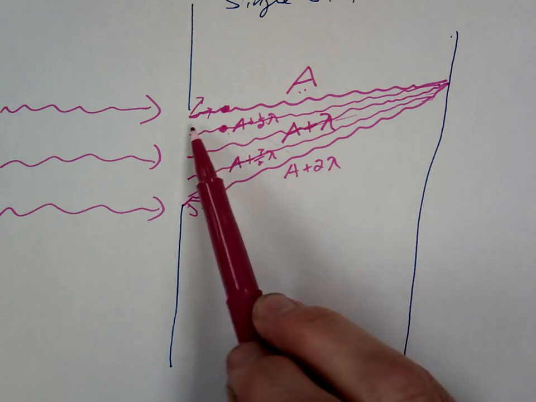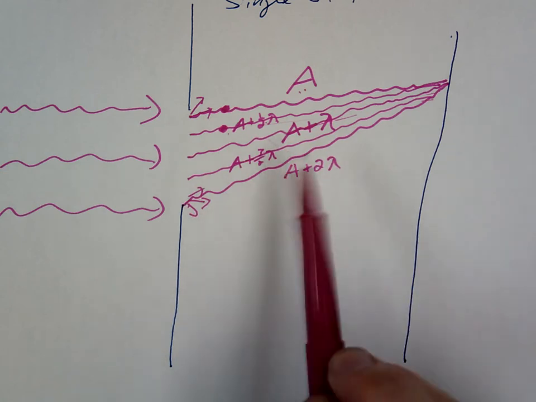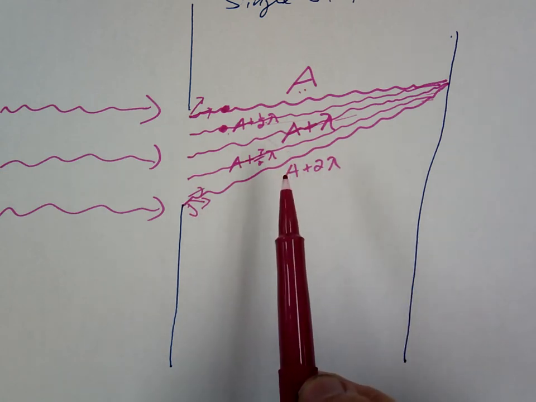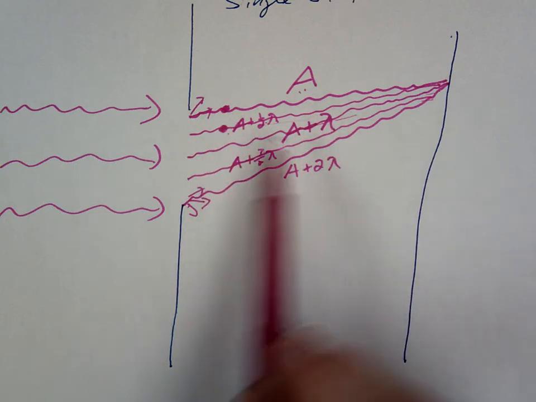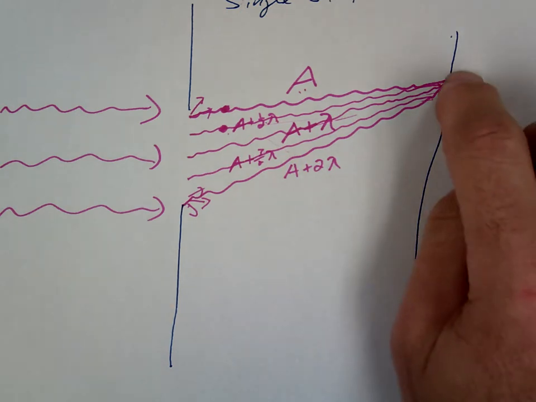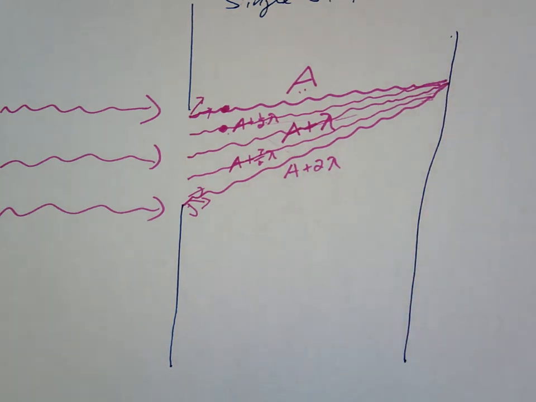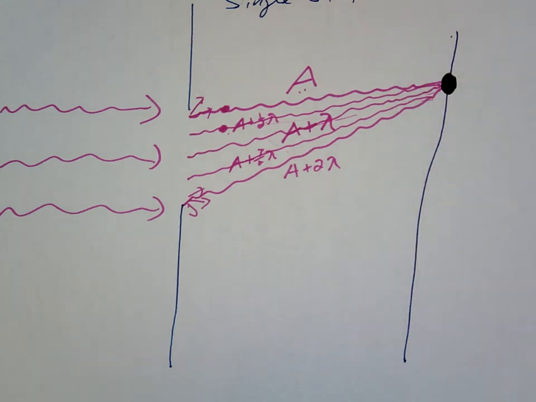So if we did it with each little individual beam everywhere, they're going to destroy each other. You can think of the first half of the beam as canceling out with the second half of the beam. So what should you expect over here? You should expect a dark spot right there.